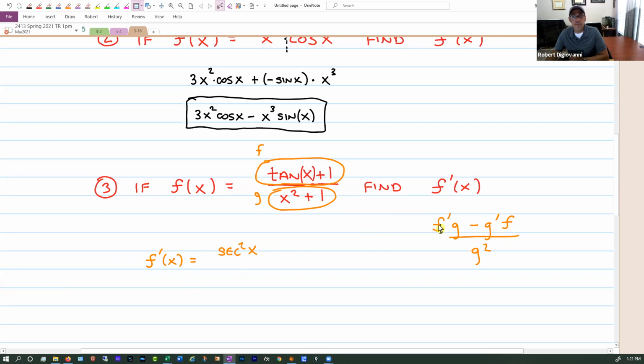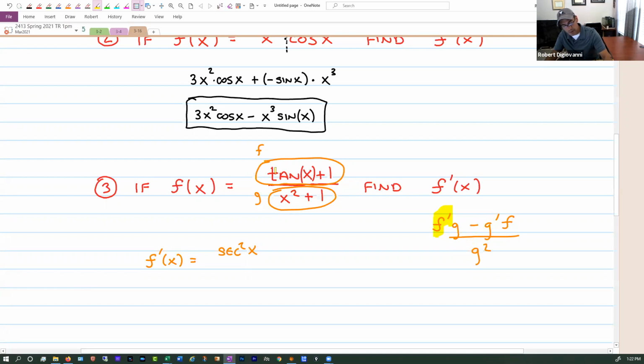That's f prime, right? Now, Cody, what do I need to put next to that? Minus 2x. Okay, so you're doing this part right. Oh, sorry, plus 1 first. All we've done so far is we took the derivative of f, right?